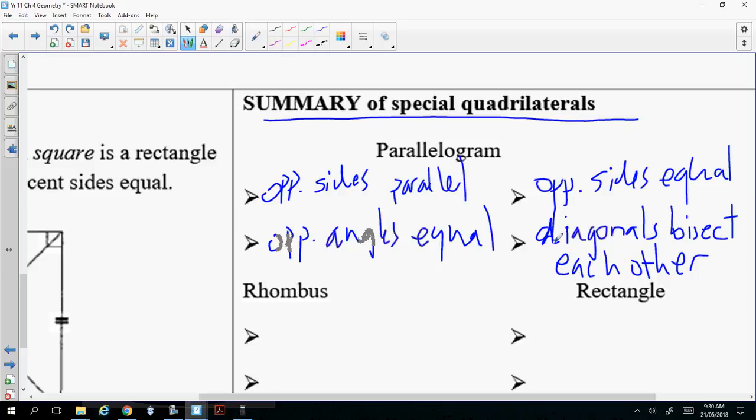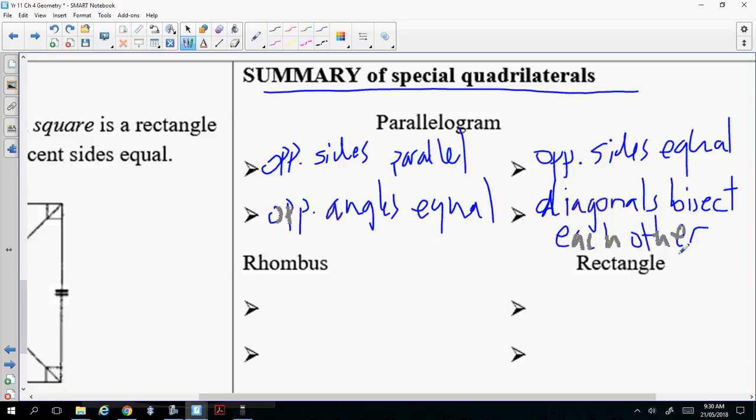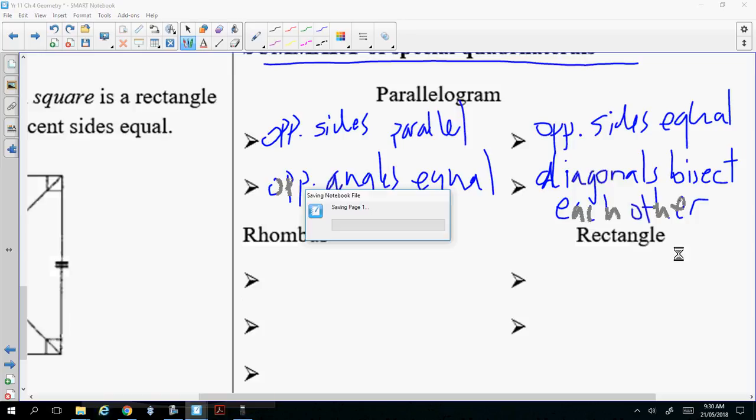And for rhombus, you will have all the four properties because this is a parallelogram plus three additional properties.